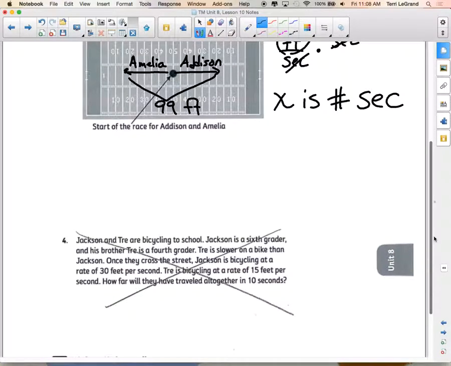We got, let's call AD, AM, and we know they have to run a total of something. So, what's Addison's multiplication going to look like? 18 times x.